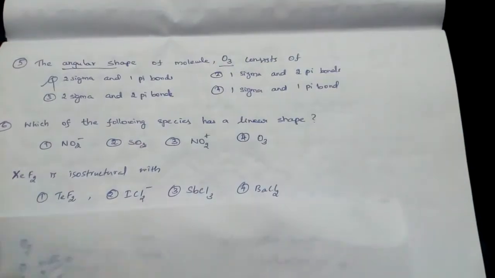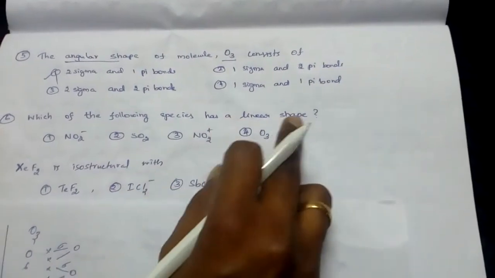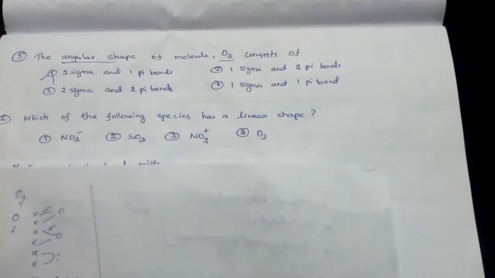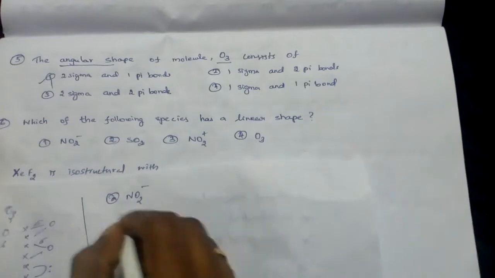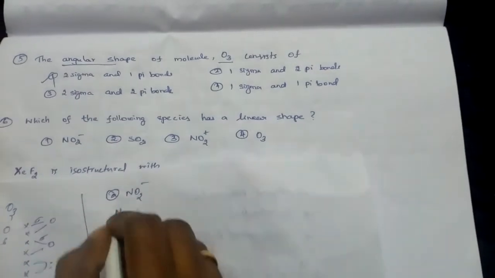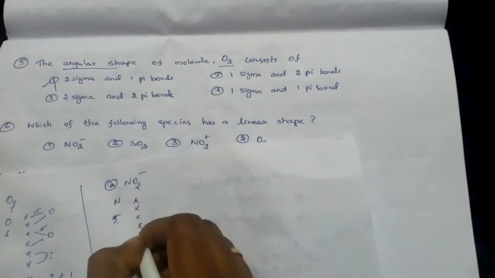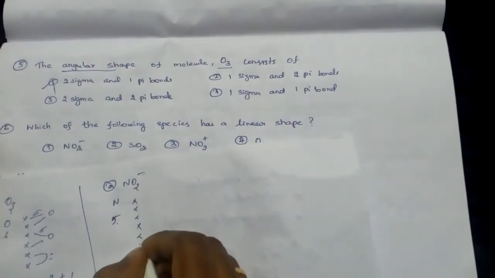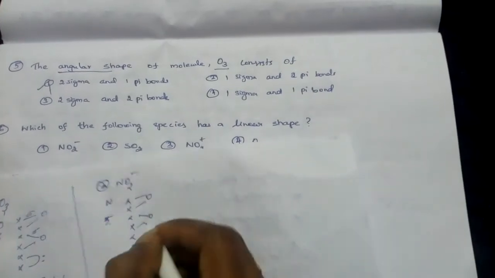Next, which of the following species has a linear shape? They ask about the shape of the molecule. Option A, NO2 minus. Here the central atom is nitrogen, which comes under the 5th group: 1 2 3 4 5. One negative charge, so put one negative. One oxygen, and one lone pair.